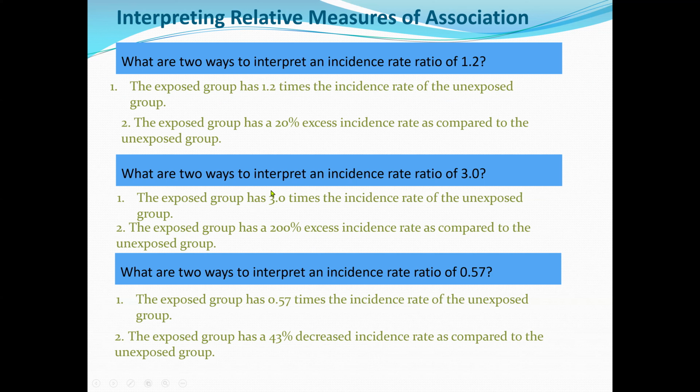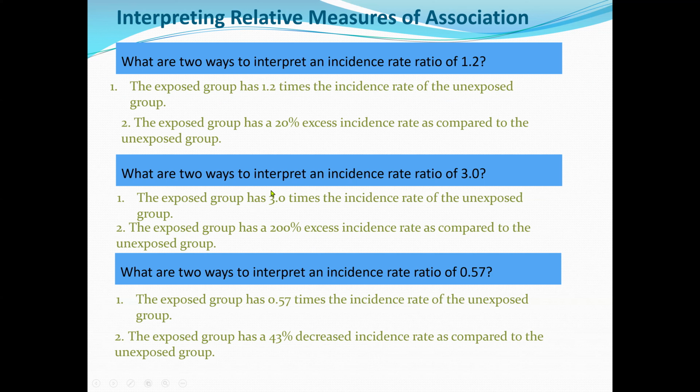We say RD will represent the measure of public health impact of exposure on the disease occurrence. For example, how much impact will prevention have, or how many people have a detrimental effect of a harmful exposure. Now with the RR, it will represent the strength or the magnitude of the association between the exposure and the disease.